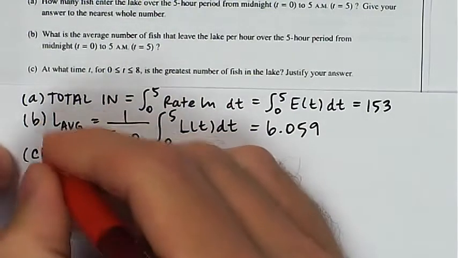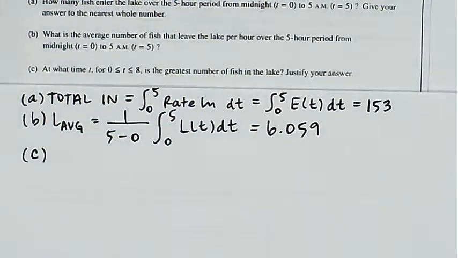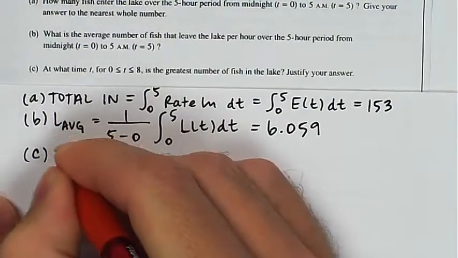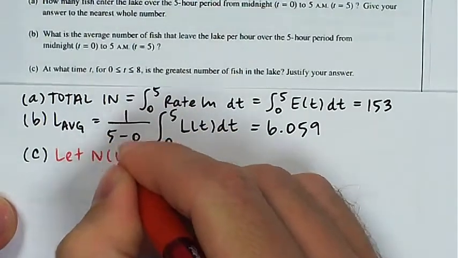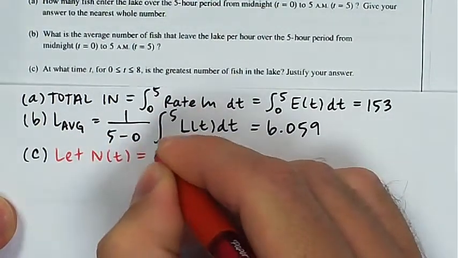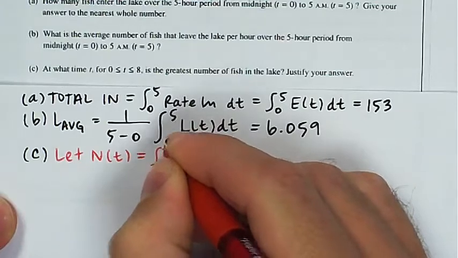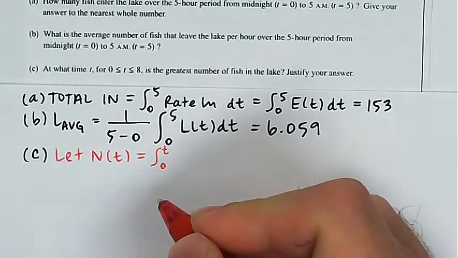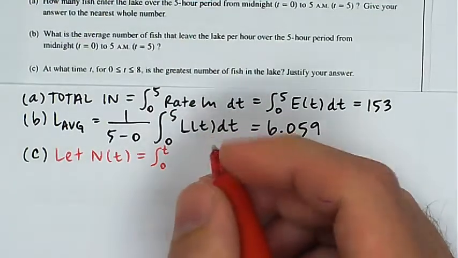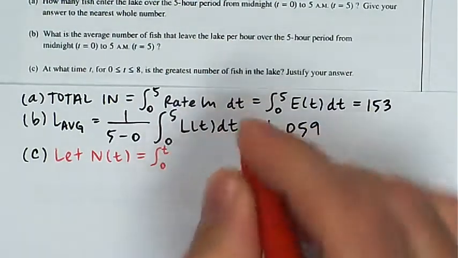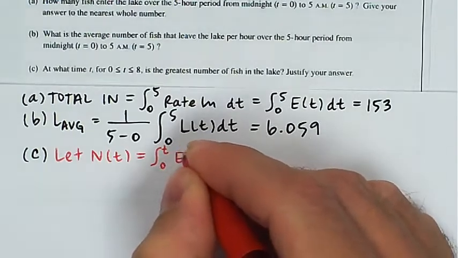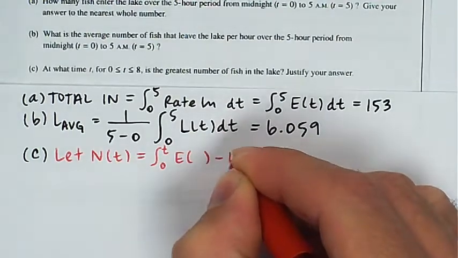Let's say let n of t equal the integral from 0 to t. Now, I'm not going to add anything to the left of this because I'm assuming that the lake started empty because I have no reason to believe otherwise. Integral from 0 to t of E rate in minus rate out.